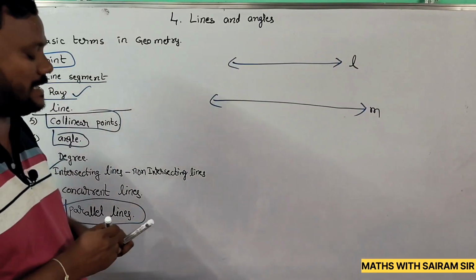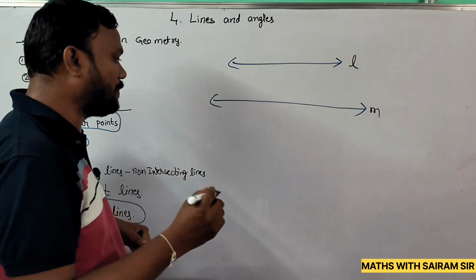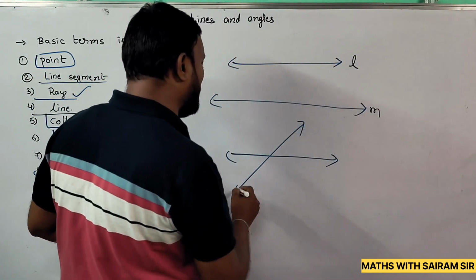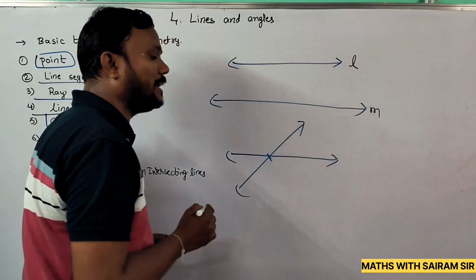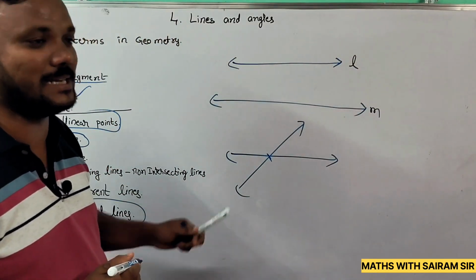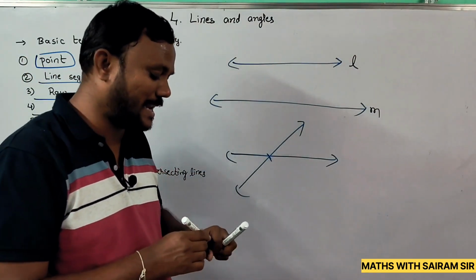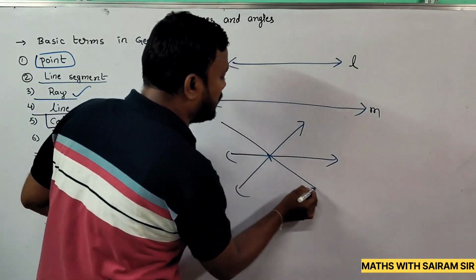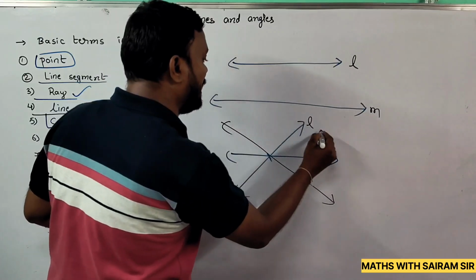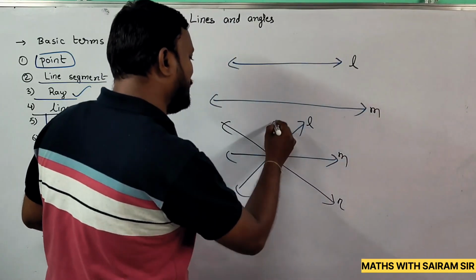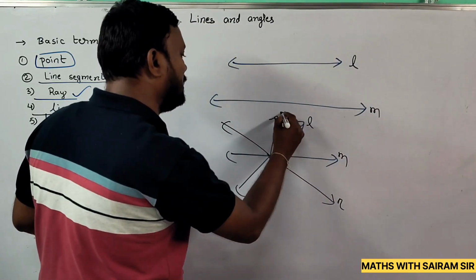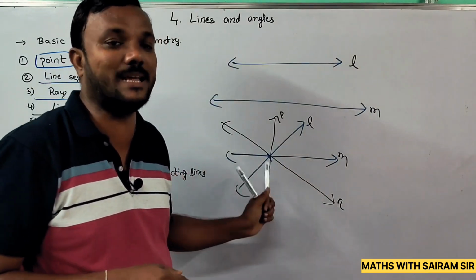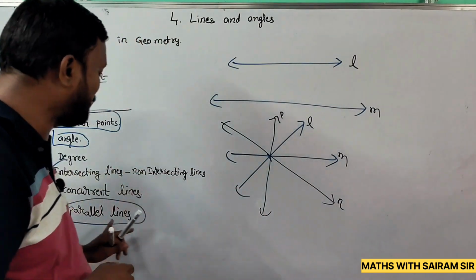Next, concurrent lines. What is meant by concurrent lines? If two lines have one point in common, then this point is known as the point of intersection, and these two lines are known as intersecting lines. And if you take two or more lines, like lines L, M, N, P, and more than two lines have one point in common, then these lines are known as concurrent lines.